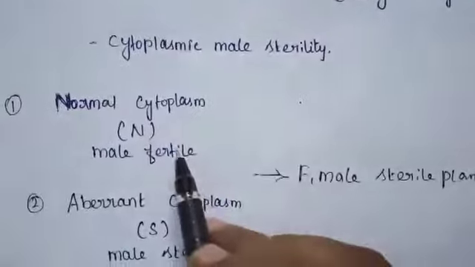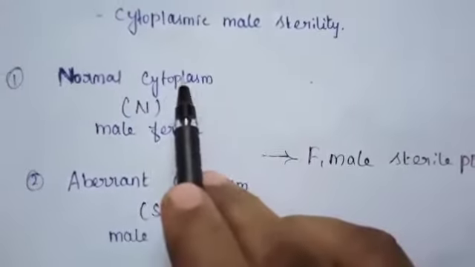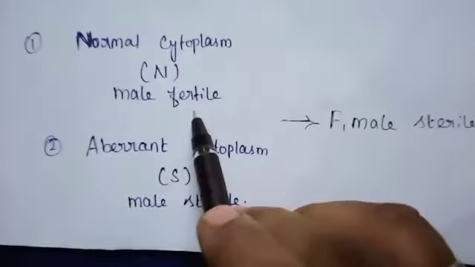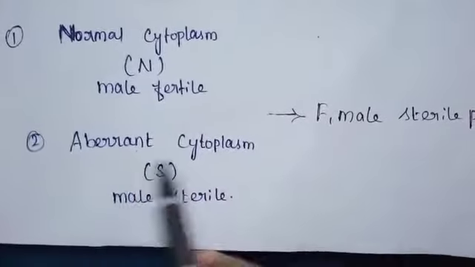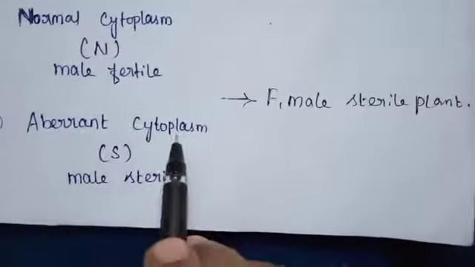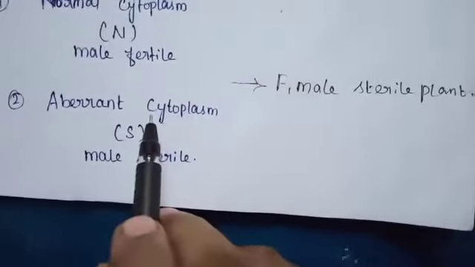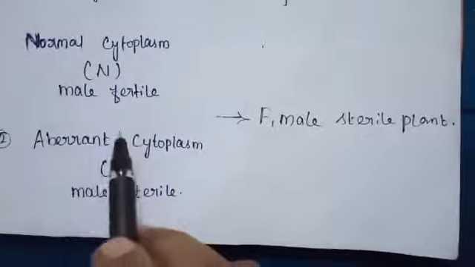In this plant, there are two types of cytoplasm. One is normal cytoplasm N, male fertile, and another one is aberrant cytoplasm, which is male sterile. These types also exhibit reciprocal differences as found in Mirabilis jalapa.